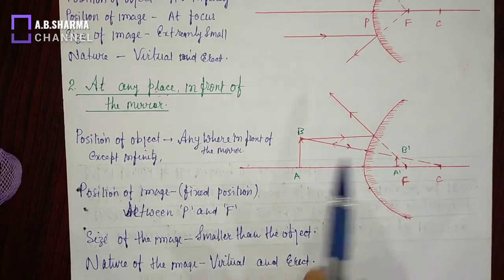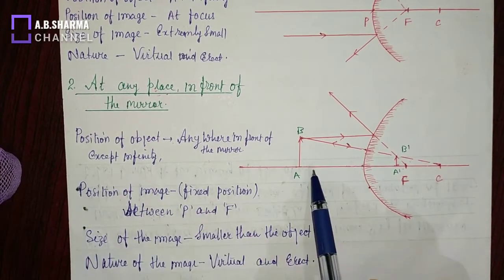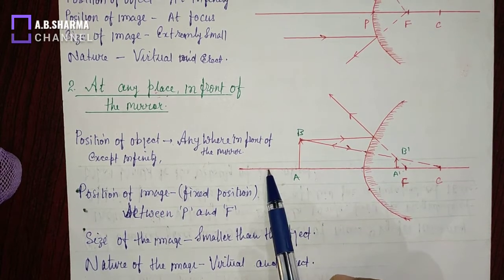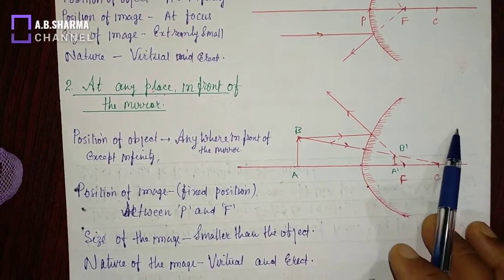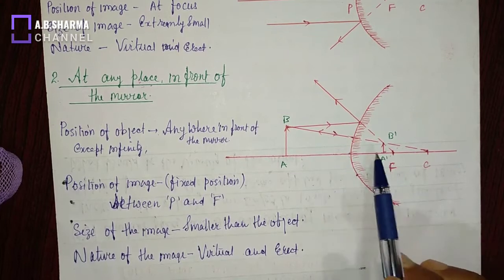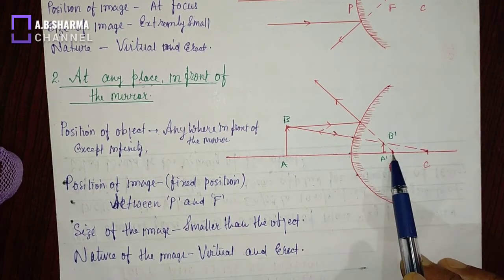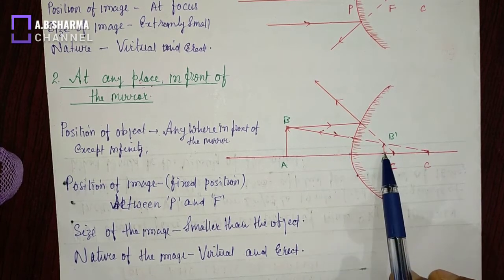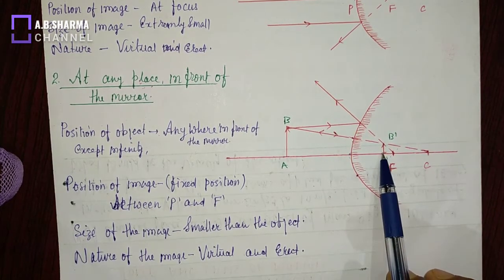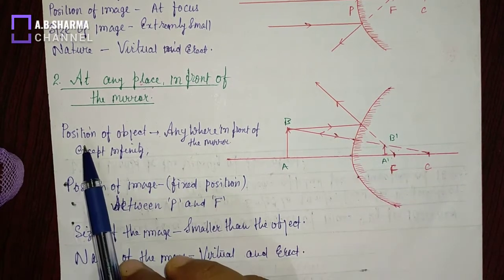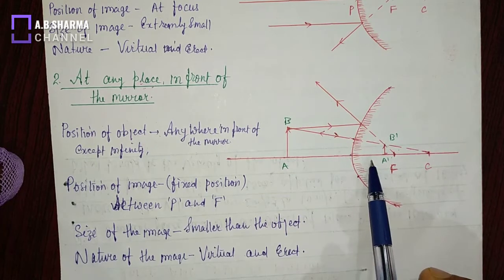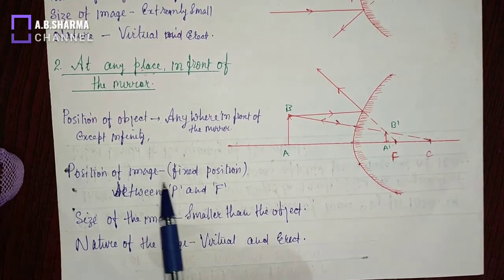See the second case. It says that when the object is placed anywhere in front of a convex mirror, it forms the image of the object between pole and focus of the mirror, and size of the image is always smaller than the object. So when the object is placed anywhere in front of a convex mirror, position of image is fixed.